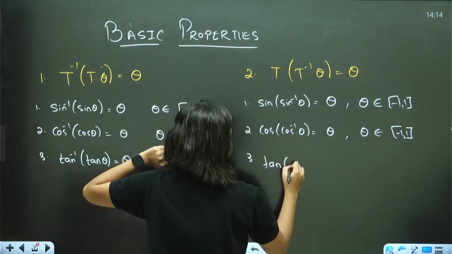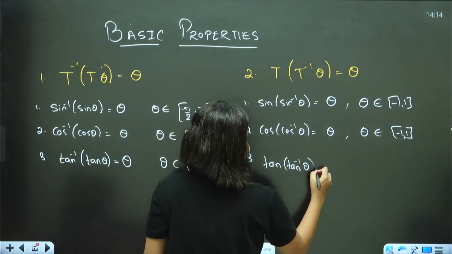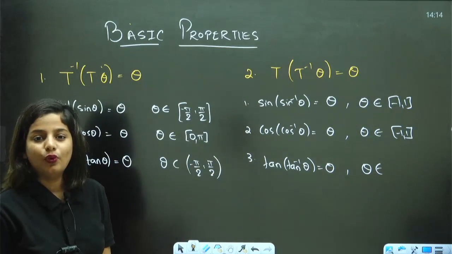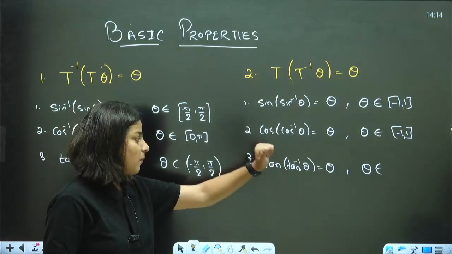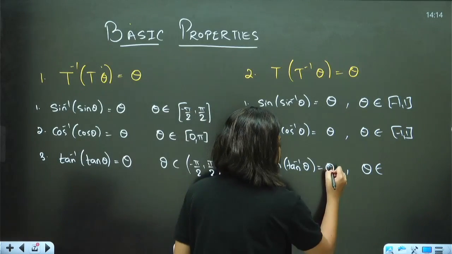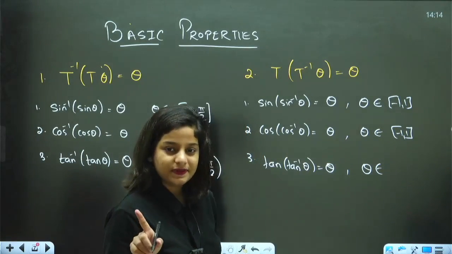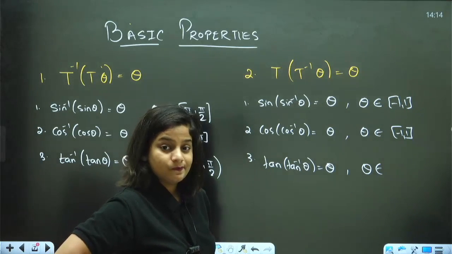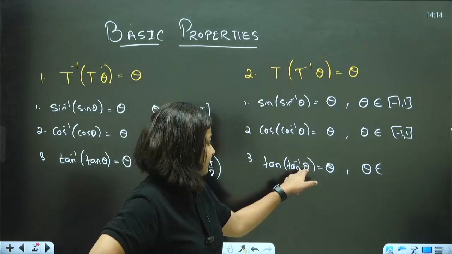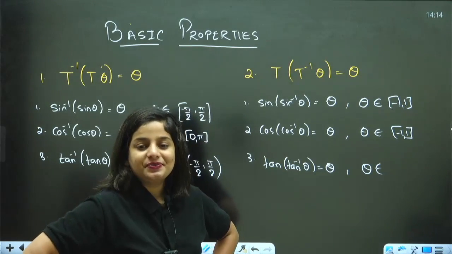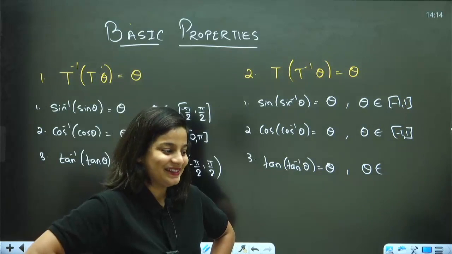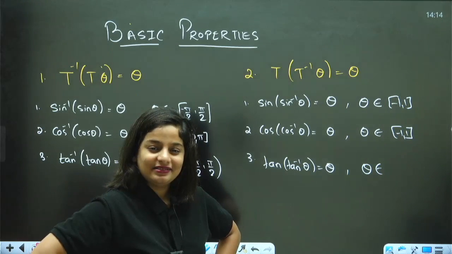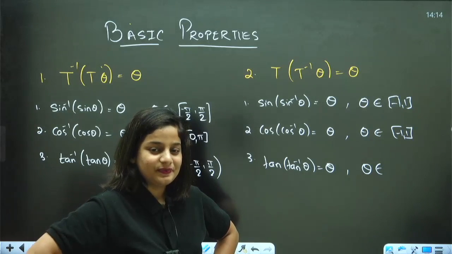Tan of tan inverse theta is same as theta, provided your theta belongs to what? All real numbers? Think. What was the domain of tan inverse? Getting a little confused?